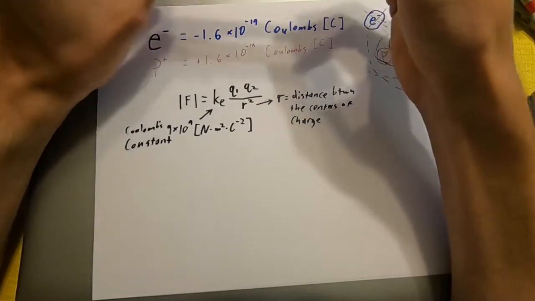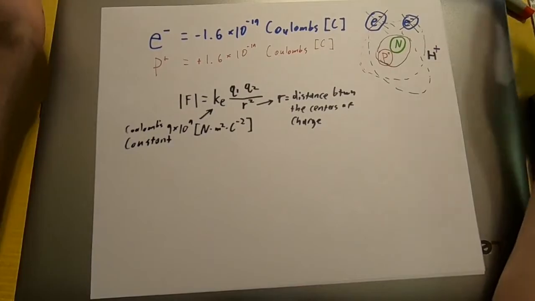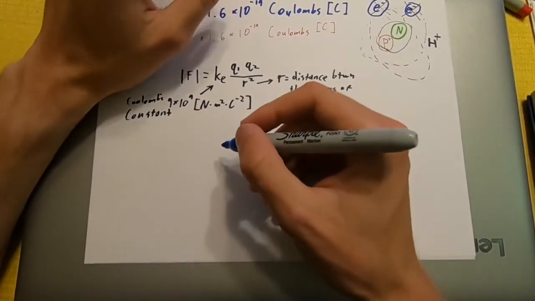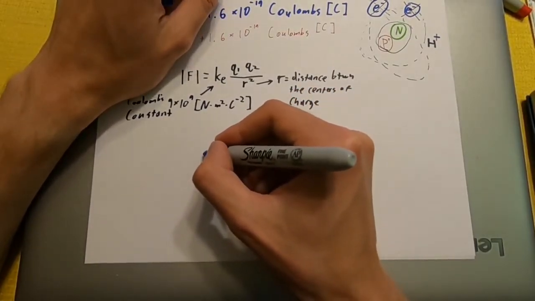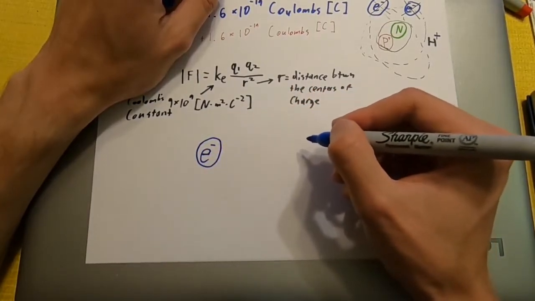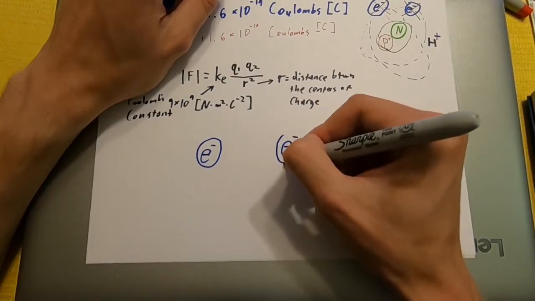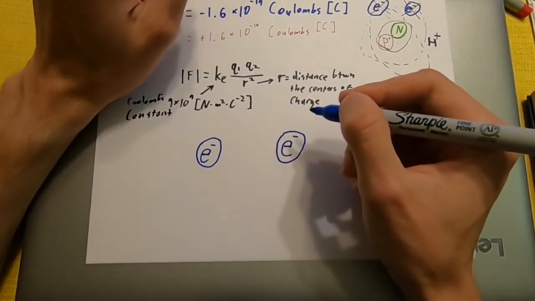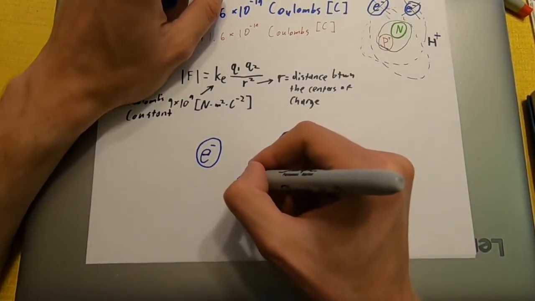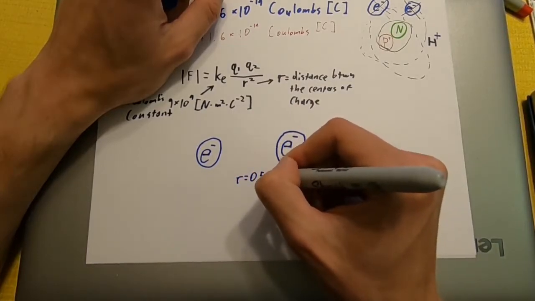So let's say that we have two electrons. It could be an electron and a proton. It could be two protons. Doesn't really matter. In this case, we got two electrons. So we got one electron over here, one electron over here. And we're going to say that they're separated by a distance of R equals 0.5 meters.